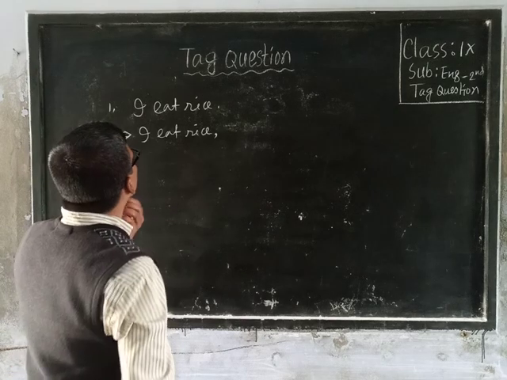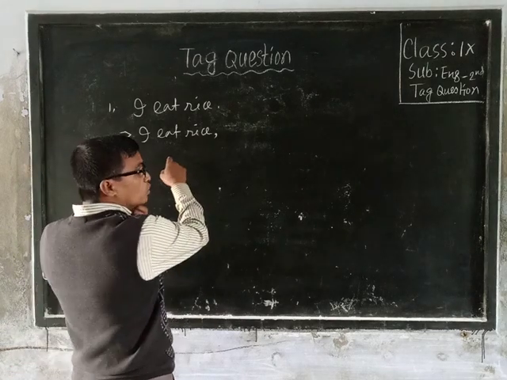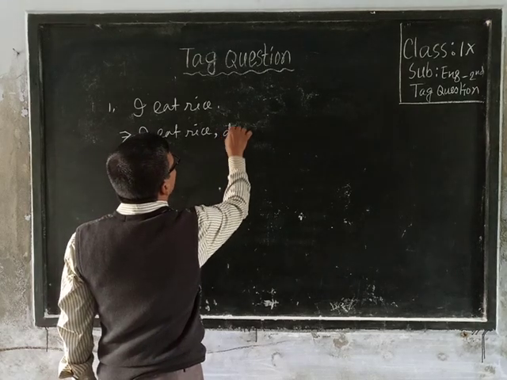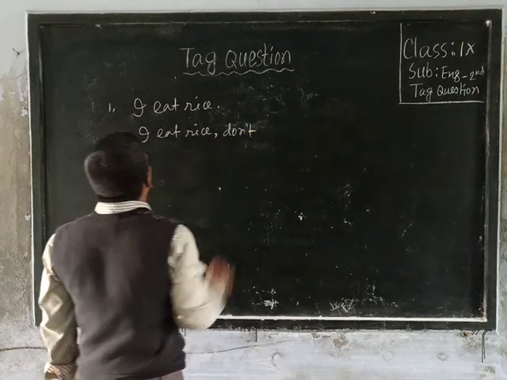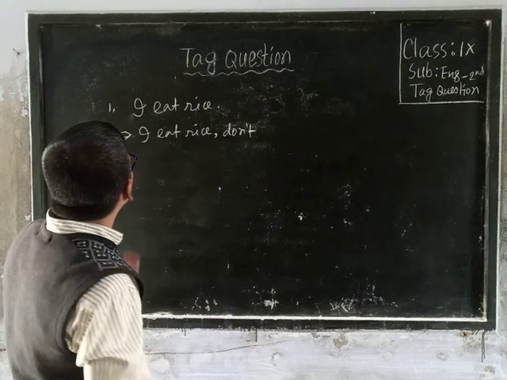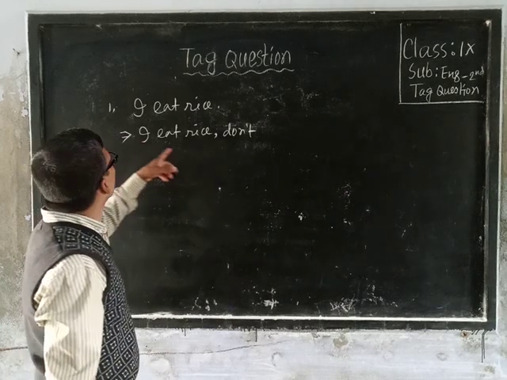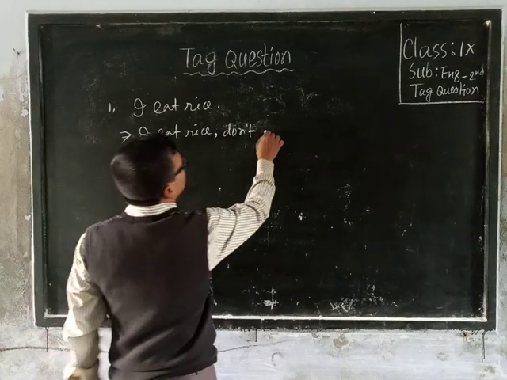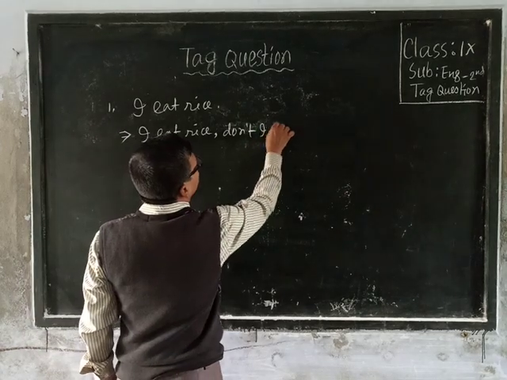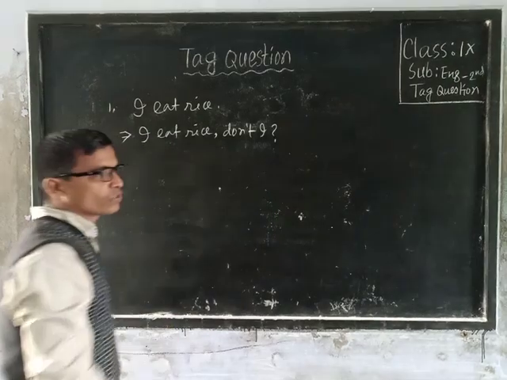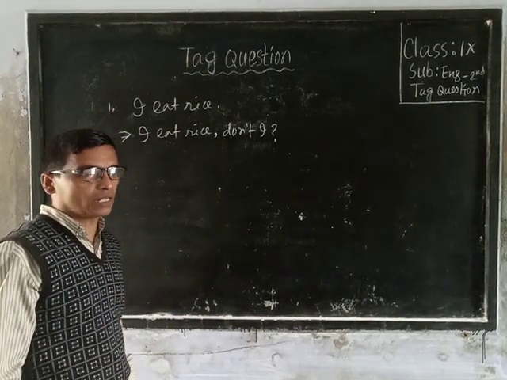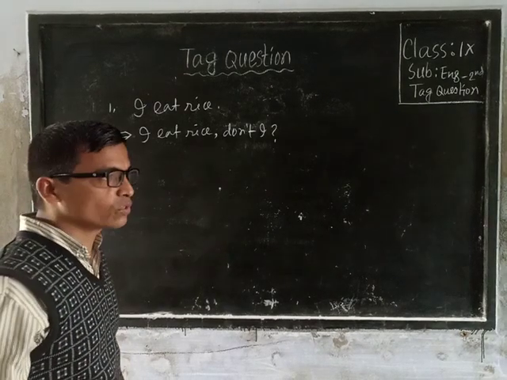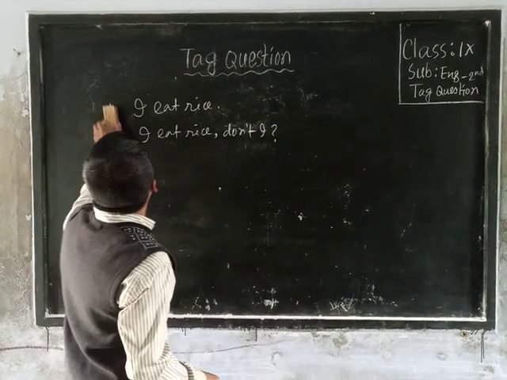After that, as there is no auxiliary verb, we will use do, that is don't, and then we will use the pronoun of the subject, and here the pronoun is I, and after that we have used a note of interrogation mark. I think dear students, you have understood this very well.